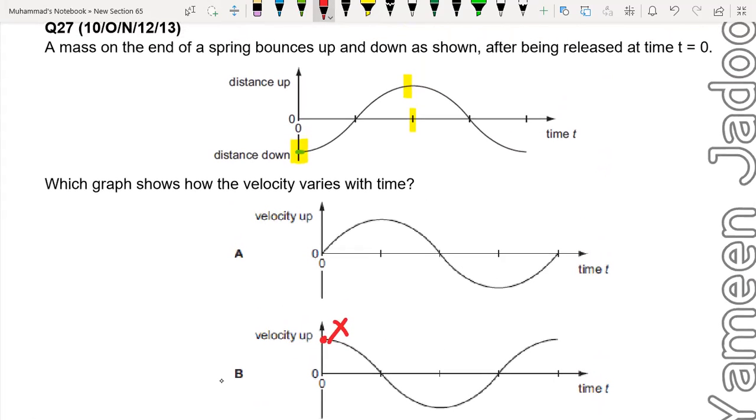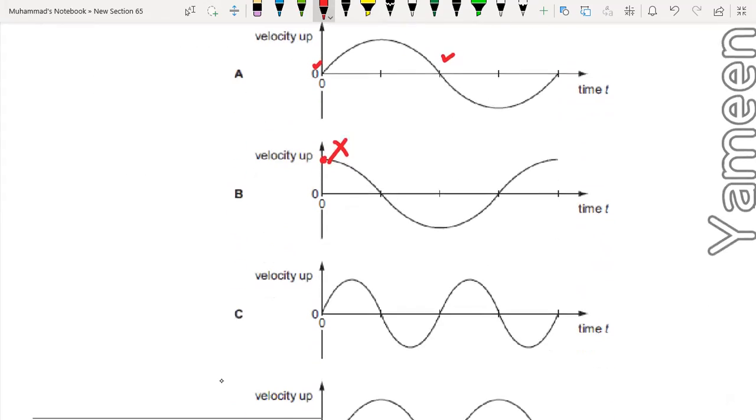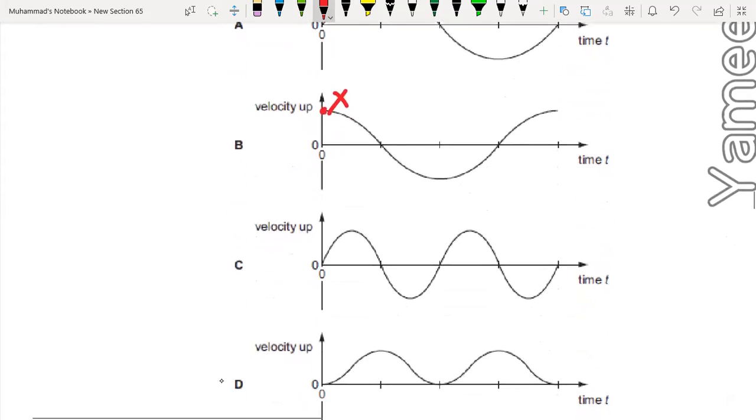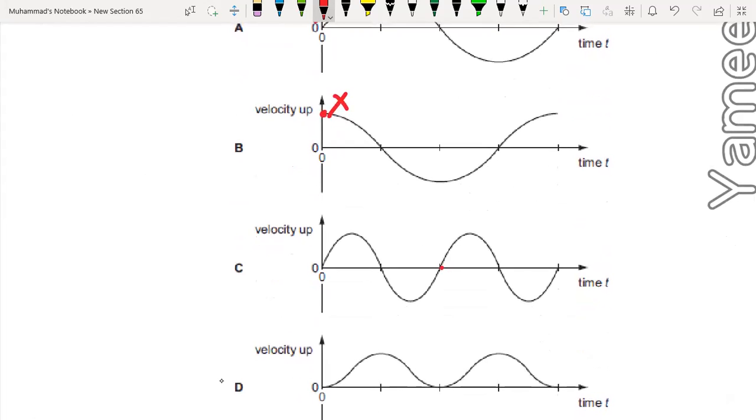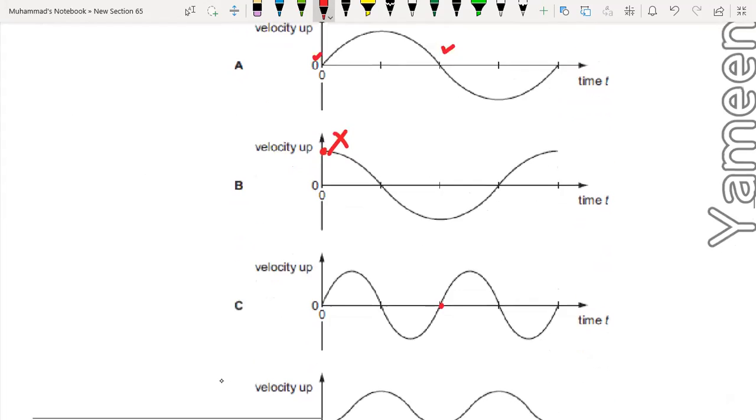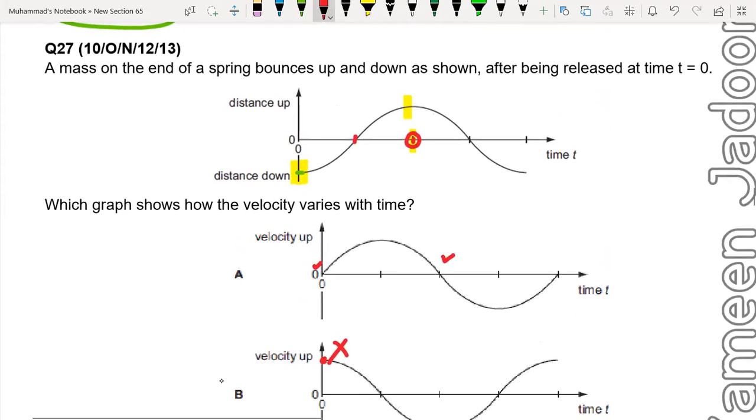So velocity should be 0 at this second point, okay? So that is true over here, 0. And that's why in C, you can say velocity is also 0 at the second point, but the velocity is not 0 between these 2 points. The gradient is not 0 during this interval. Okay.